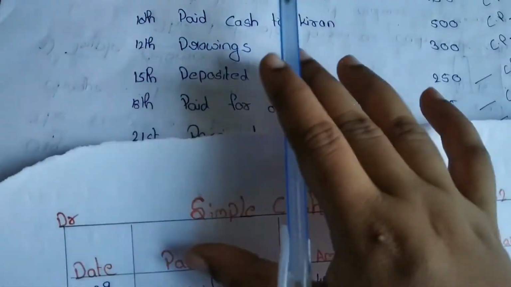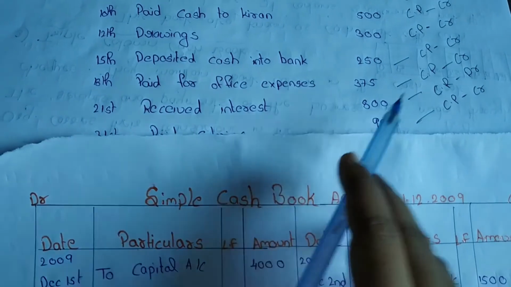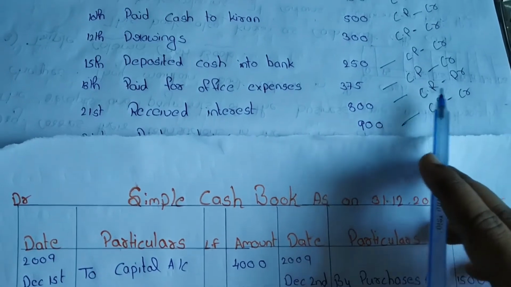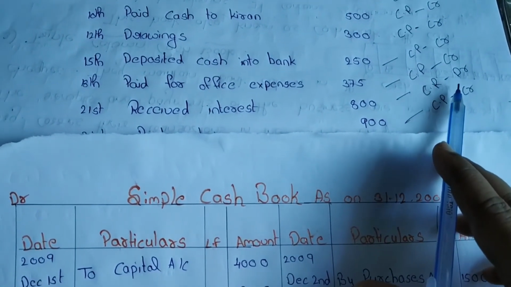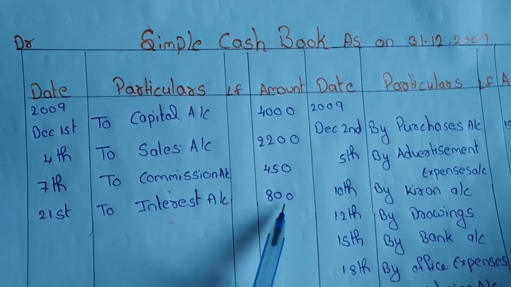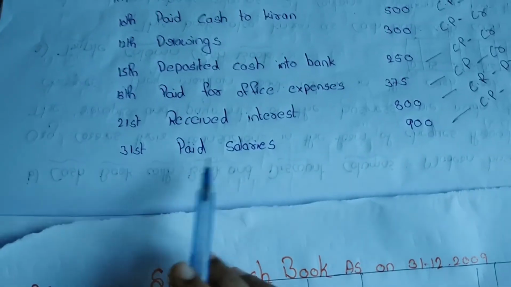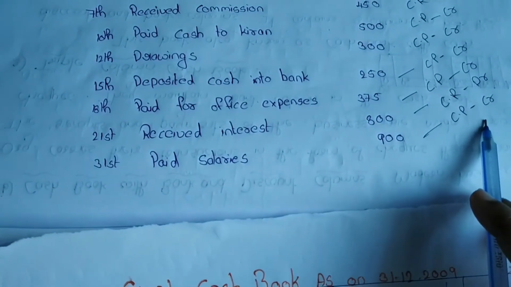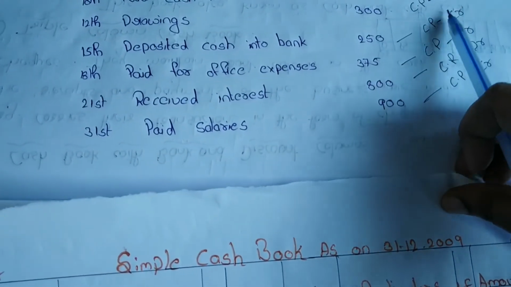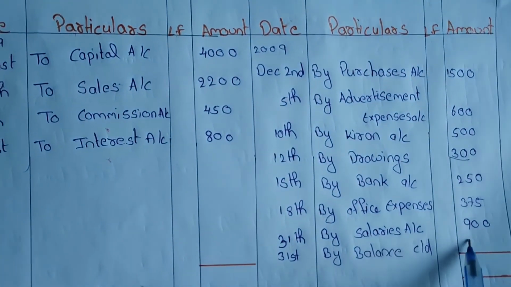Next, 21st, received interest 800 rupees. It was a cash receipt, so it should be recorded on the debit side. On the debit side, 21st, to interest account 800 rupees. Next, the last one, 31st, paid salaries. It was a cash payment and should be recorded on the credit side. So on 31st, by salaries 900 rupees.